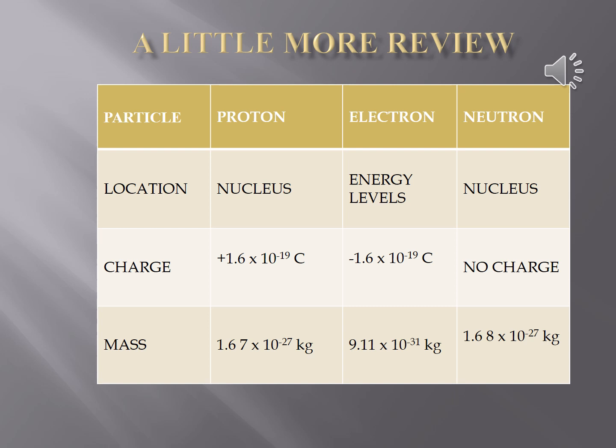The electron is present in the energy levels, and the charge of the electron is -1.6 × 10^-19 coulomb, and the mass of the electron is 9.11 × 10^-31 kg. The neutron has no charge, and the mass of the neutron is 1.68 × 10^-27 kg.